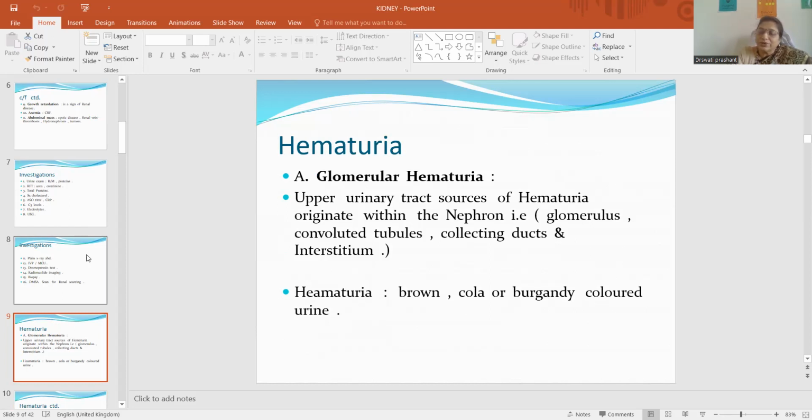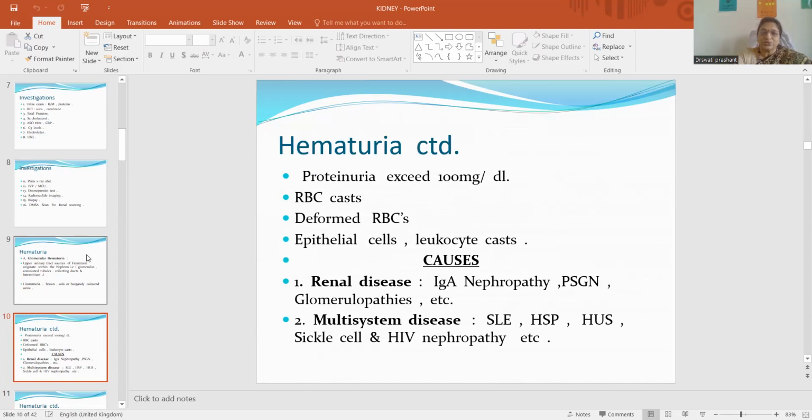Hematuria because of glomerular causes will be brown in color, or cola or burgundy colored urine will be there if it is a gross hematuria. Proteinuria usually associates with this hematuria and may exceed 100 milligram per deciliter. RBC casts may be seen, deformed RBCs, epithelial cells, leukocyte casts may be seen if it is a glomerular hematuria.